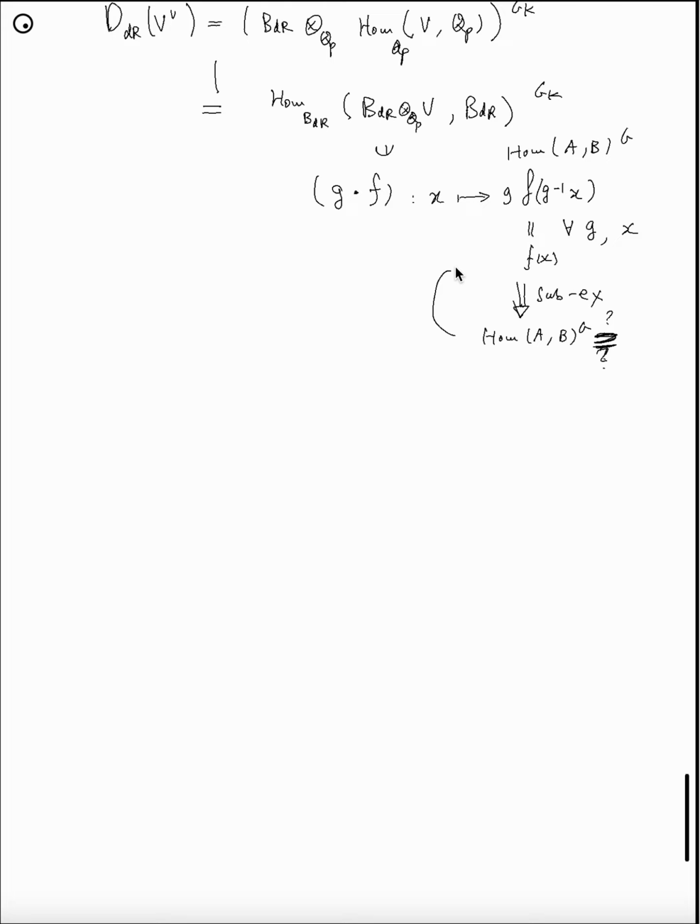Let me write Hom_{A[G]}. The question is whether this is an equality.